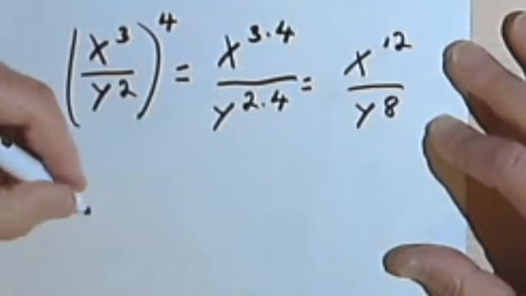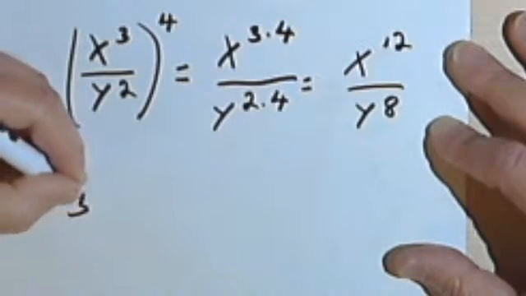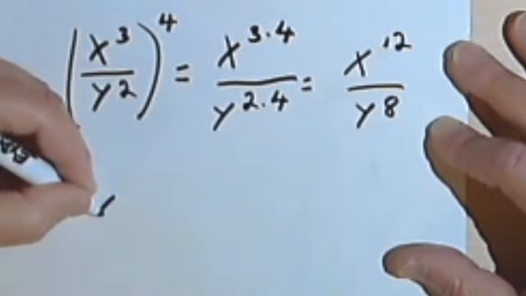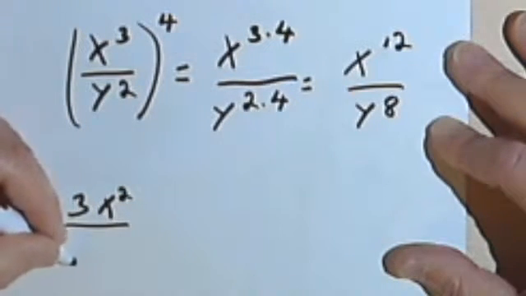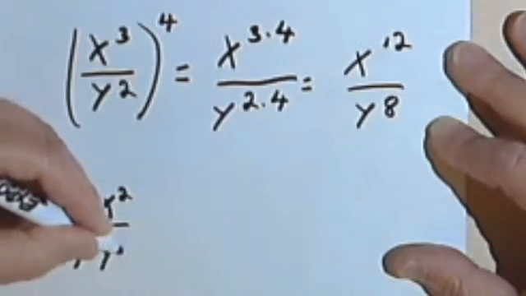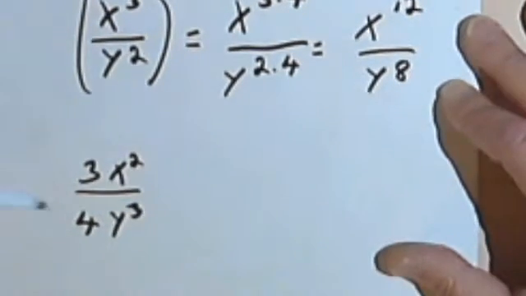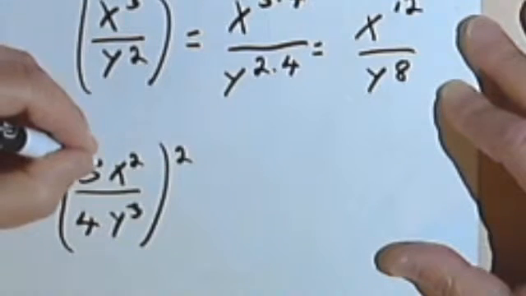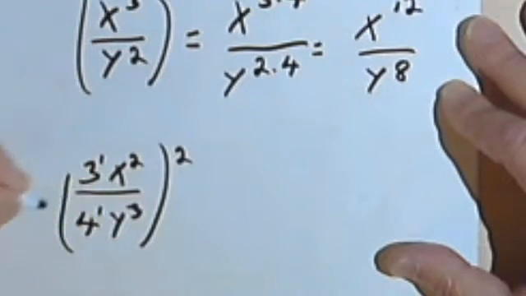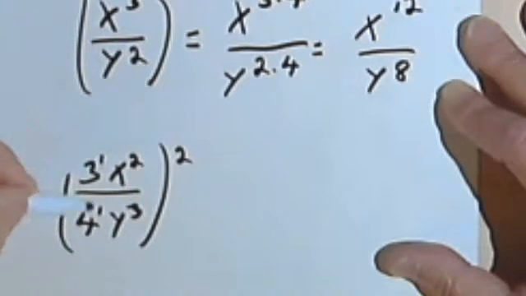If you don't see an exponent, so in other words, if we had 3x squared over 4y to the third, and we're told to square that, remember that you basically still have an exponent for the 3 and the 4.